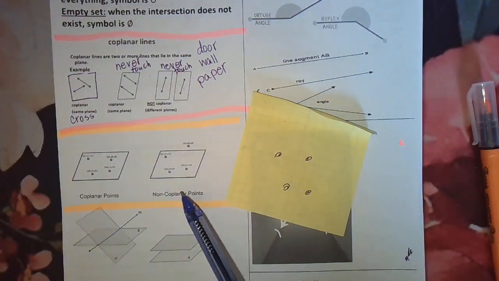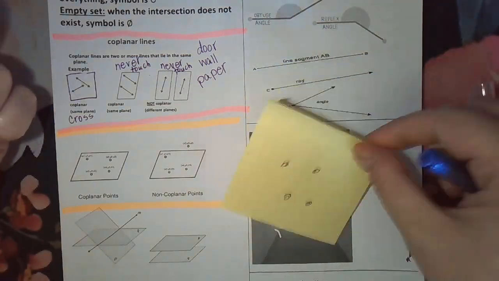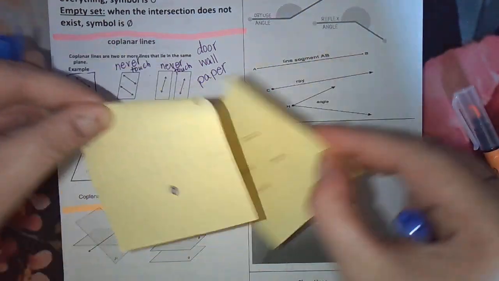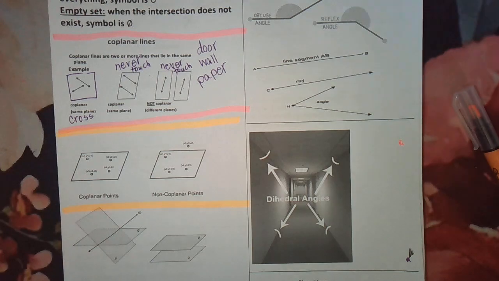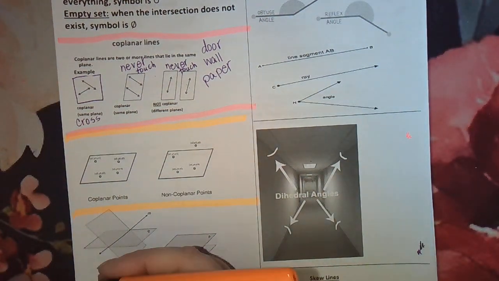That's what non-coplanar points mean. There are points on one plane, or piece of paper, and a point on another plane, but those two planes are not touching.